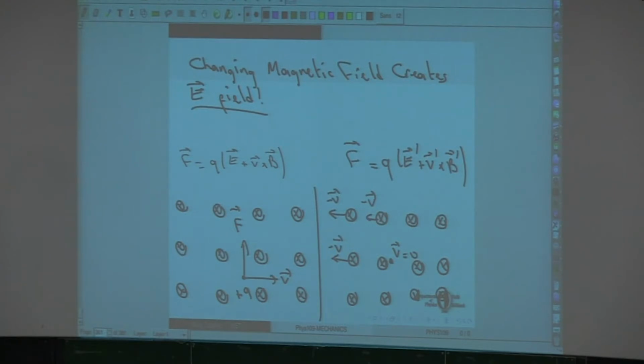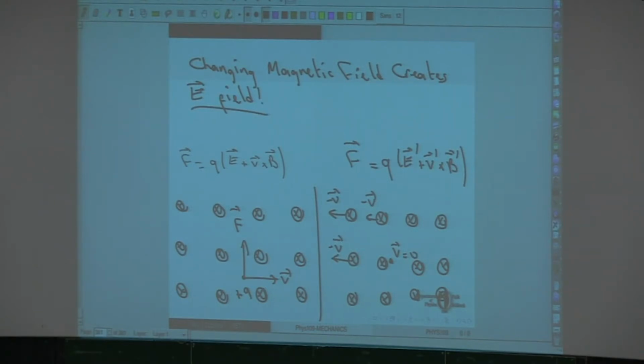You and I, and I hope everybody else here, agree that whether I'm in this reference frame or in this reference frame, the charge should be accelerating upward. That shouldn't change. Now, this charge can feel two kinds of forces, an electric force and a magnetic force.